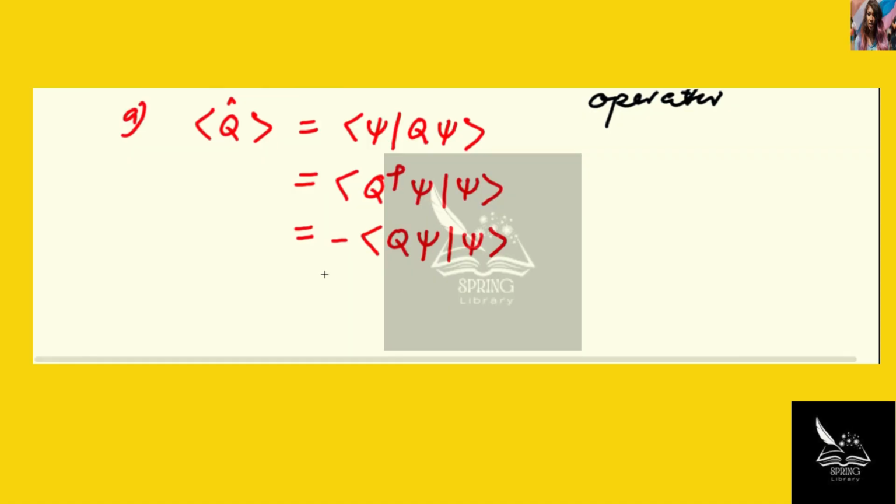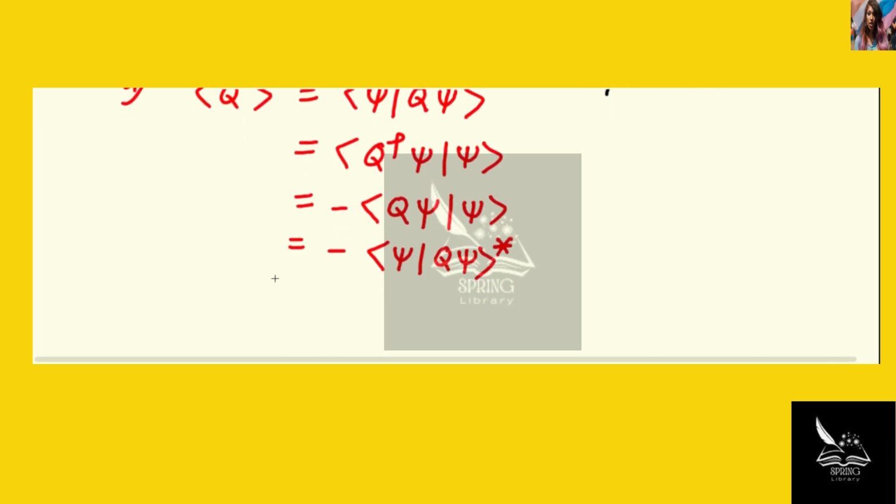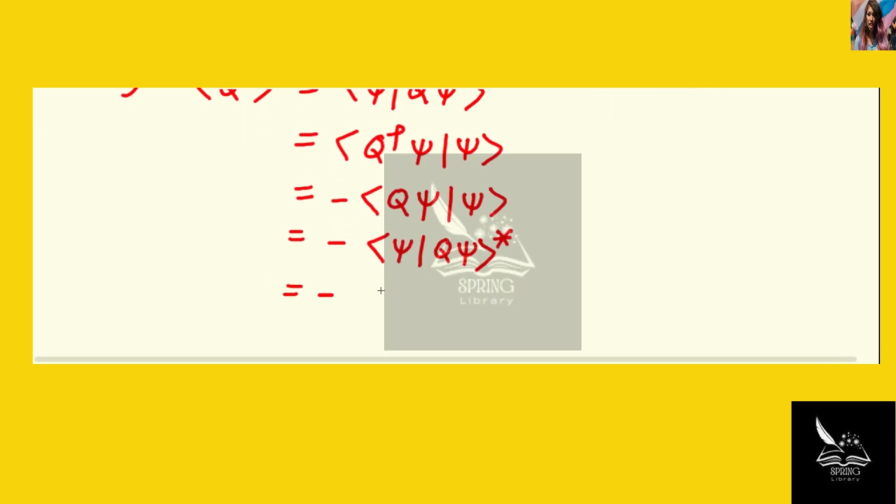If I take the complex conjugate of this, and transfer Q to this side, then it is minus the complex conjugate of the expectation value of Q.